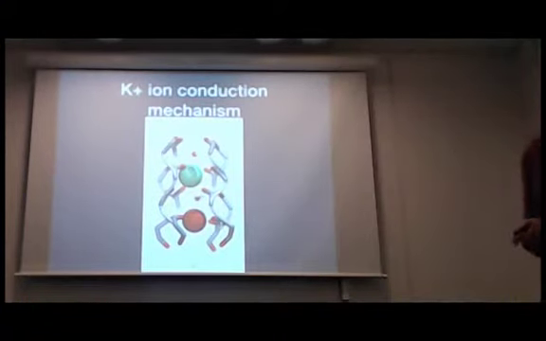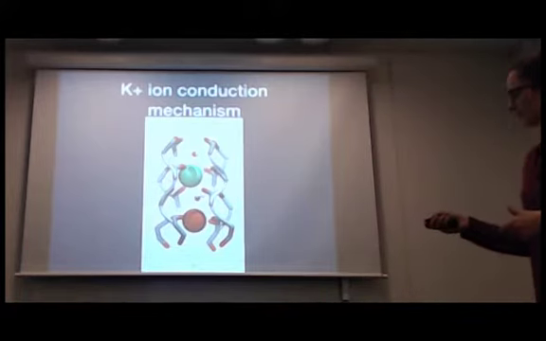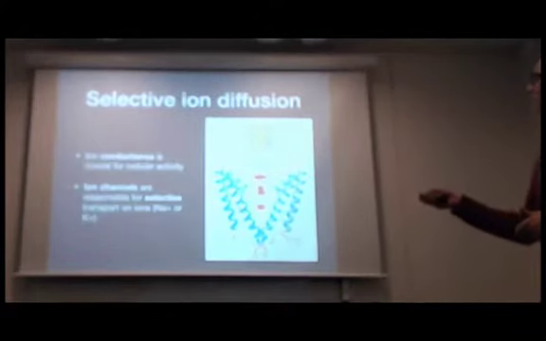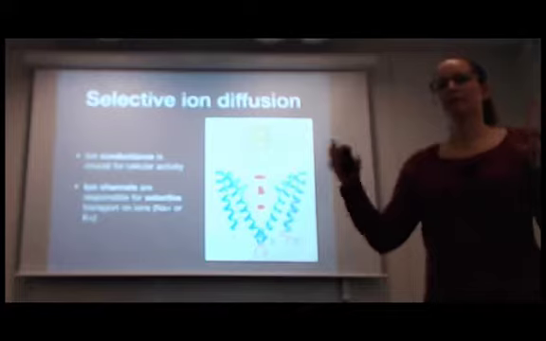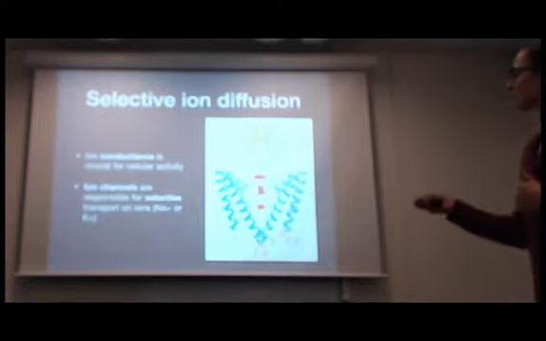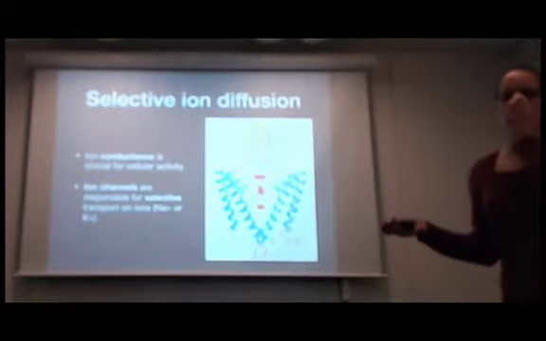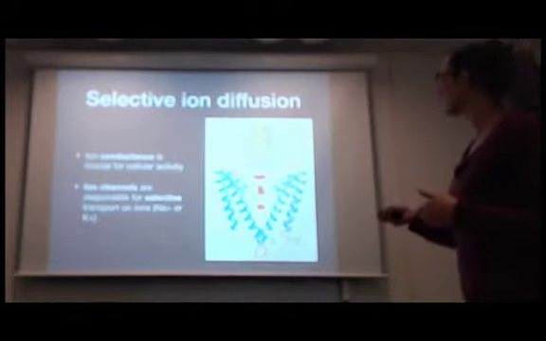And here I have a movie showing this phenomenon. So this is a long molecular dynamics simulation where, sorry, I'm going to back up for a second, where you could see a focus on this region. The molecular dynamics simulation contains the entire membrane protein with water and with a membrane, but then the movie is zooming in onto this region to show you how selective ion diffusion can occur.